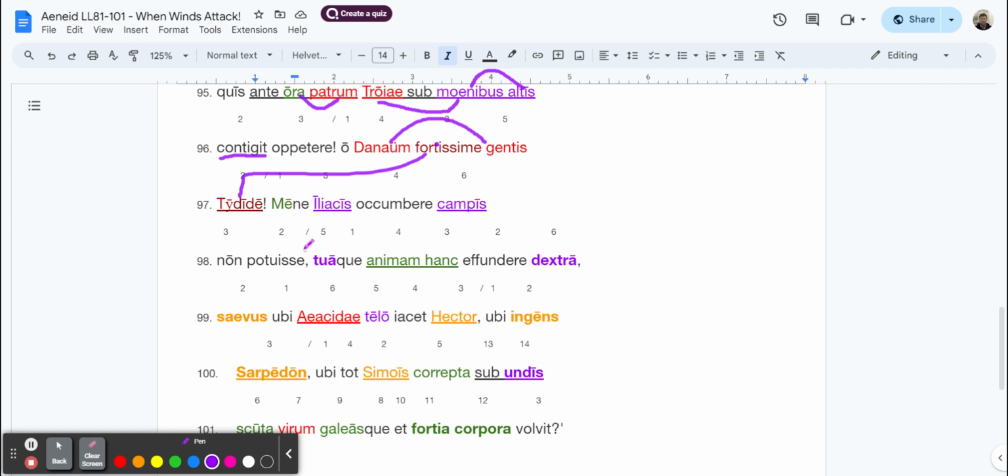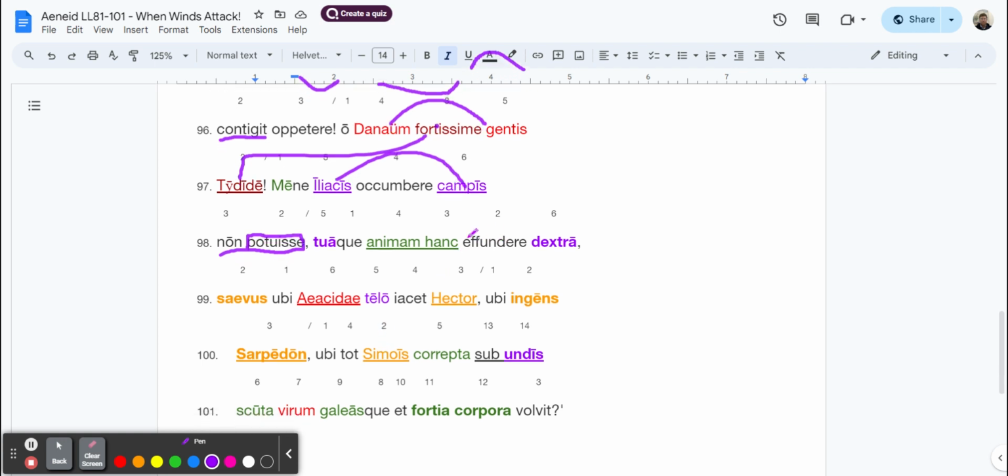So this is a perfect infinitive, so that I could have fallen, I could have died on the fields of Troy, right? And to pour forth this life, this soul, with your right hand. And then here we have chiasmus, right? So we had synchesis up there, and then we have chiasmus down here.